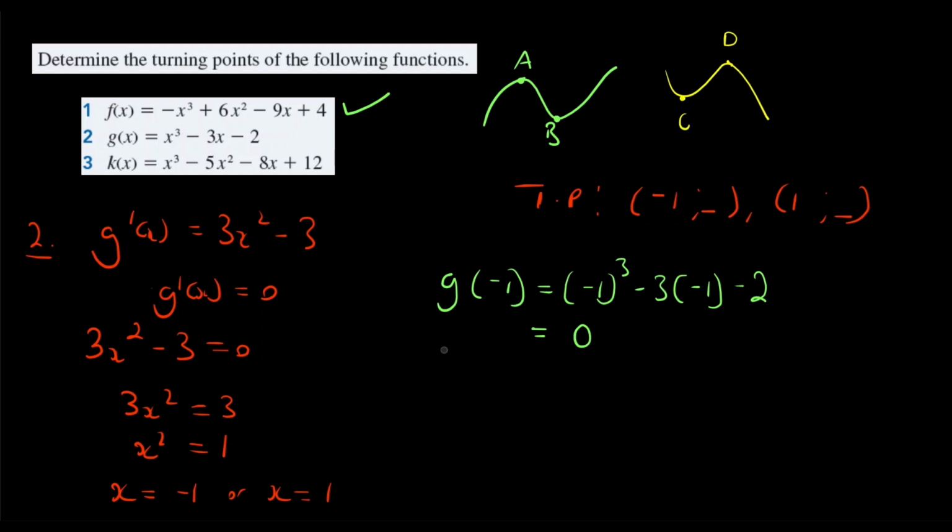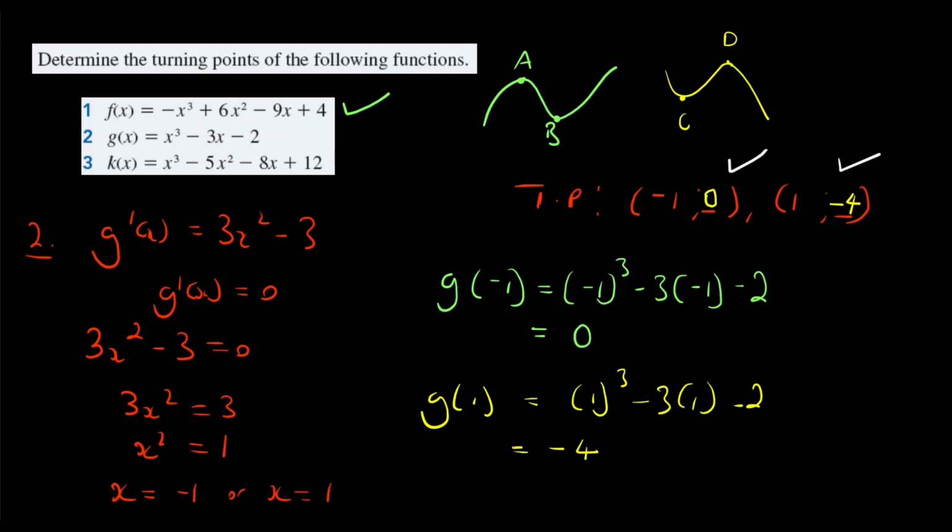Then we do the same thing for 1: 1 cubed minus 3 times 1 minus 2. And that should give us negative 4. So we know that the corresponding y value for 1 is negative 4, and the corresponding y value for negative 1 will be 0. In that way, we would have calculated our turning points, and we're done with number 2.